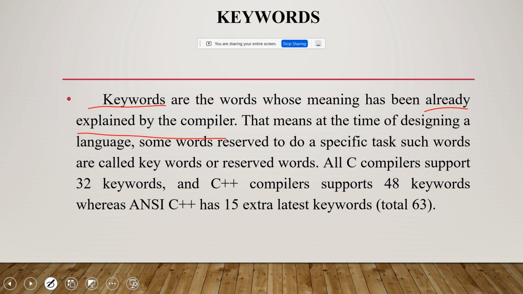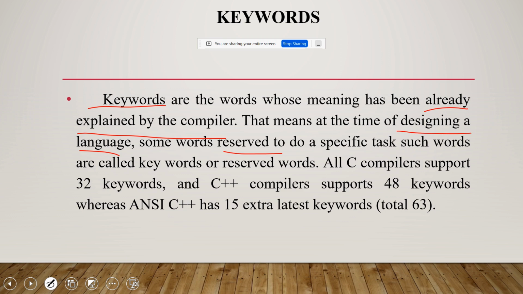At the time of designing the language, they defined the meaning and functionality of these words: what to do when that keyword comes, how it needs to perform, how it needs to act.